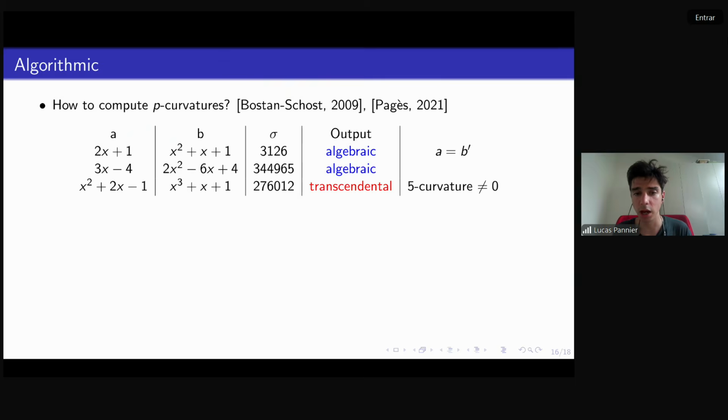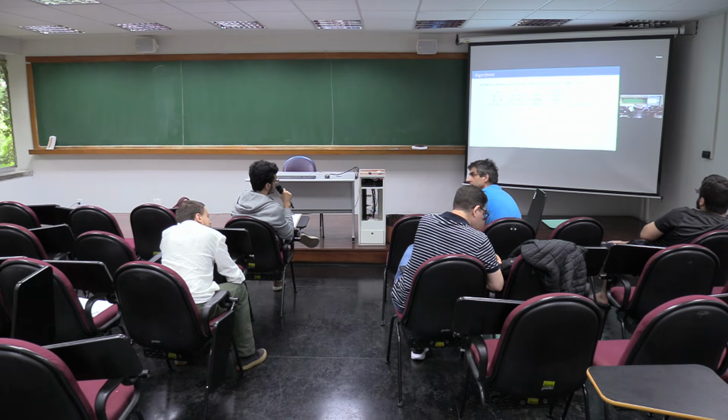So I believe that this is the reason our sigma is larger in the second case than in the third case. Oh, okay, so what makes sigma get larger is the size of the coefficients of the polynomials. Is that right? Yes, partly, yes.